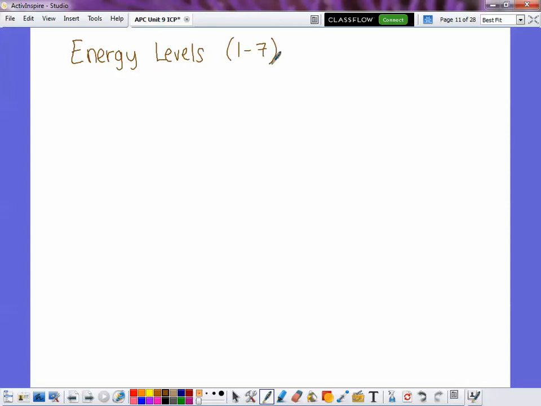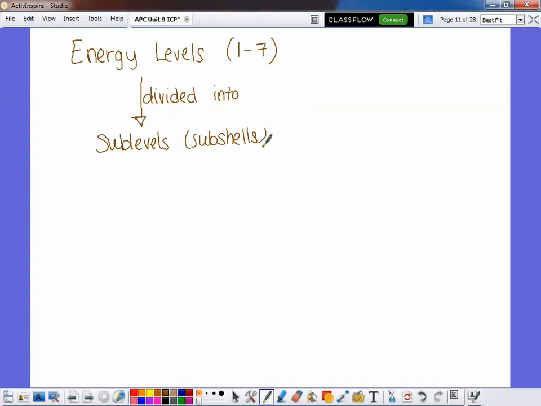So energy levels, they are divided into what? Sublevels or subshells. Depending upon the textbook, or the source for the question, sometimes they're called subshells, sometimes they're called sublevels, because energy levels are sometimes called shells. So either one. Just be aware that you might see it one way or the other.